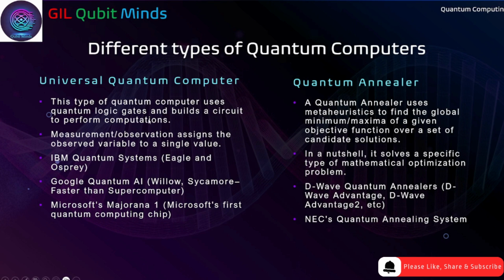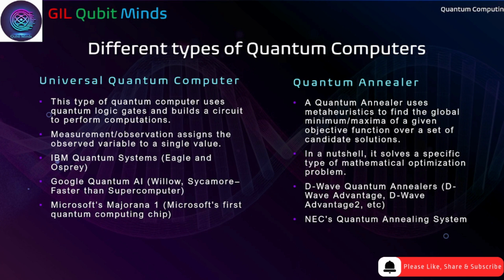Some quantum computers we can see here: IBM quantum systems, which are in the cloud, we can use them. Google Quantum AI, Google got quantum supremacy with Sycamore in 2019, I think. At that time they proved it faster than a supercomputer. Also recently they have published Willow. It is also very fast, and now they are focusing on lowering the error rate.